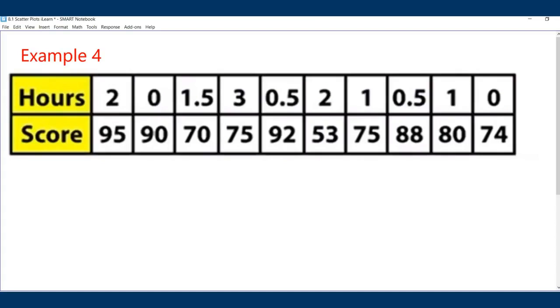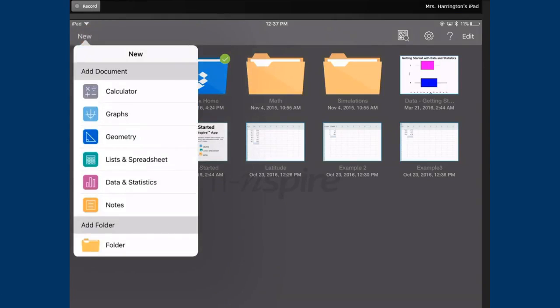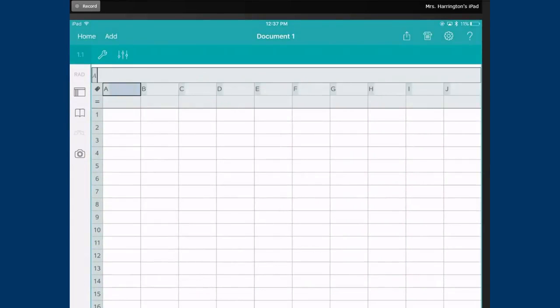Okay, let's talk about example 4. What is the scenario for this table? This is hours spent on a tablet or online gaming and the score that you might make on a test in school. So we are going to take this data, and again we're going to go to the calculator on List and Spreadsheets.